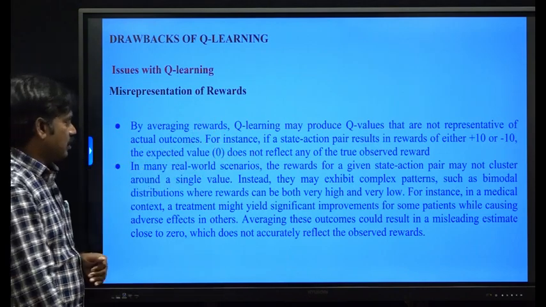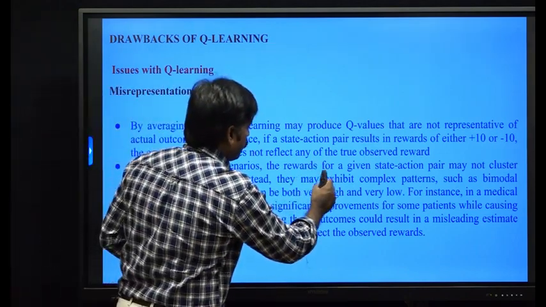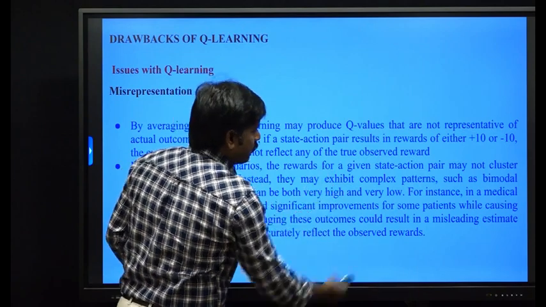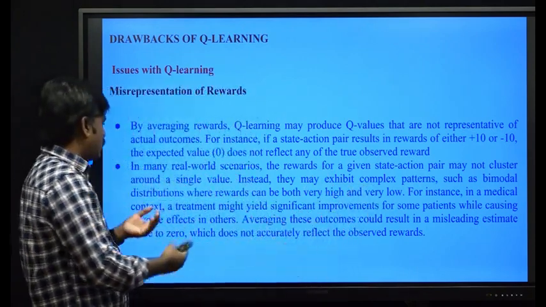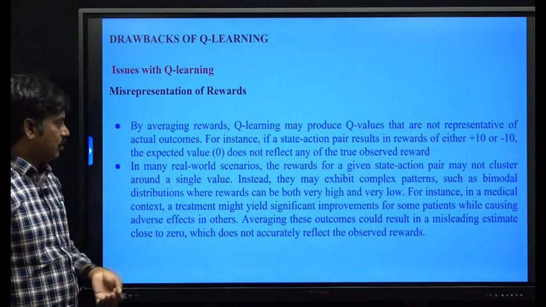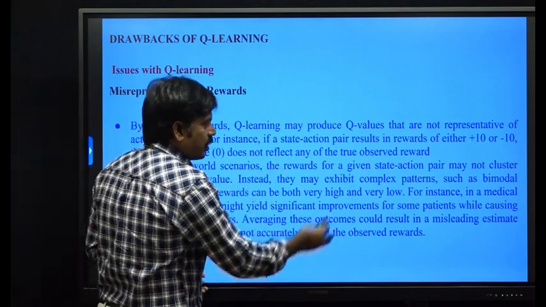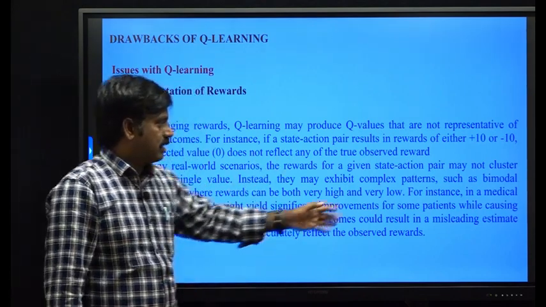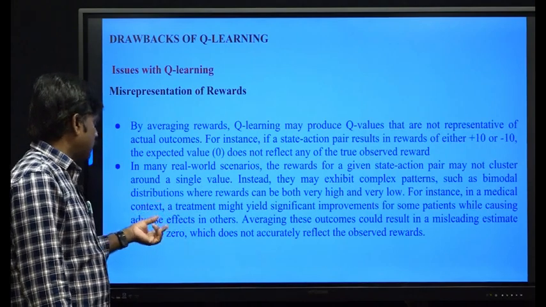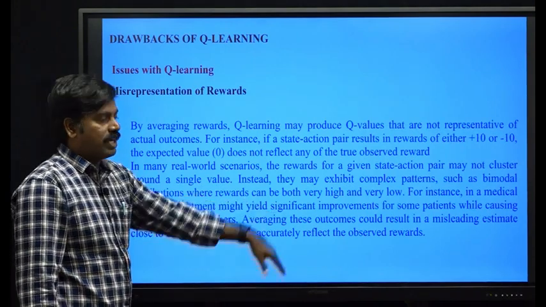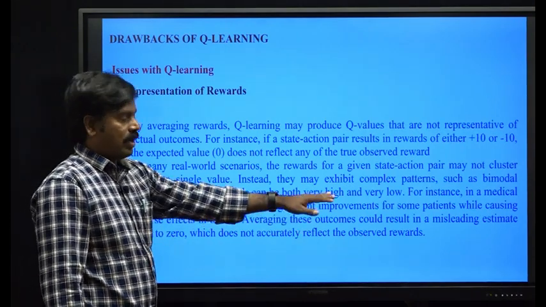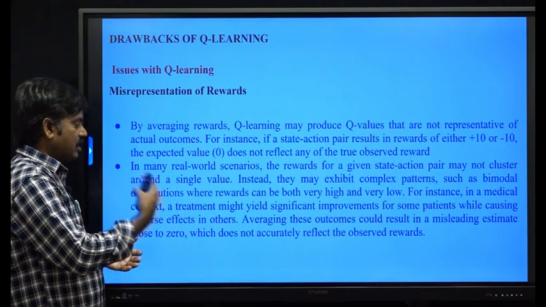In many real world scenarios, the rewards for a given state action pair may not cluster around a single value. Instead, they may exhibit complex patterns such as a bimodal distribution. A treatment might yield a significant improvement for some patients while in some cases failing.